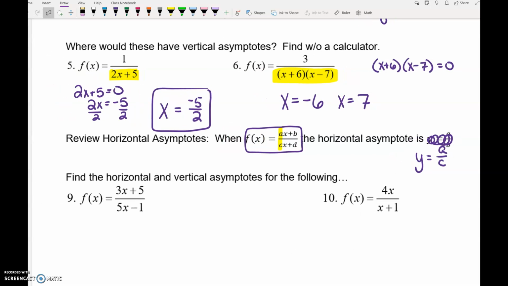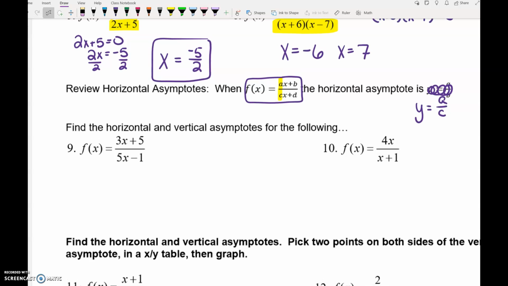So number 9 and number 10, find the vertical and horizontal asymptotes for each of these. So I want you to pause the video and on your own find the vertical asymptote and the horizontal asymptote for both number 9 and number 10.